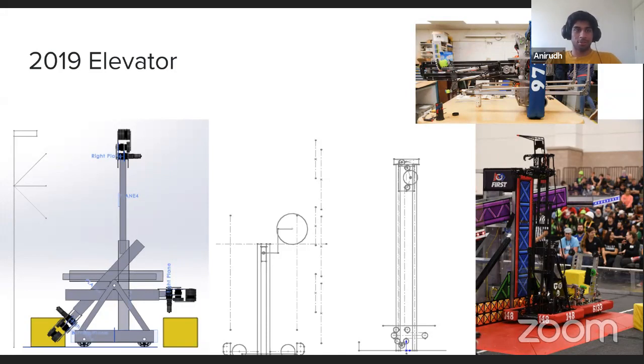The next question is, what's the difference between a differential elevator and a telescoping arm? Well, a telescoping arm isn't really an elevator, as an elevator usually relies on string or chain to be driven. You can also drive in other ways.